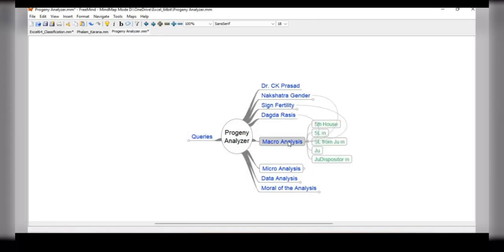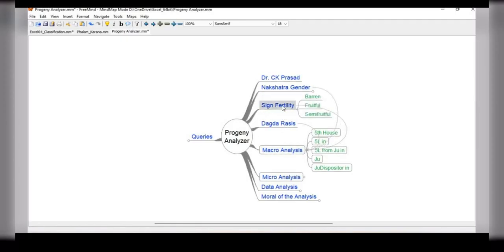And luckily Dr. Prasad ji has done a detailed review of what he calls a macro analysis. Macro analysis, first initially, is based upon the fifth house, the fifth lord in which Rasi it is, fifth lord from Jupiter himself, Jupiter dispositor. All these, do they fall in Dagda Rasis?